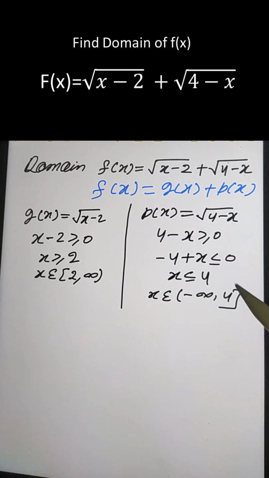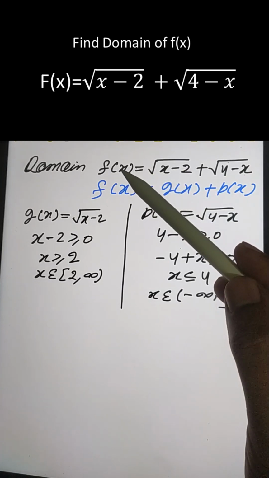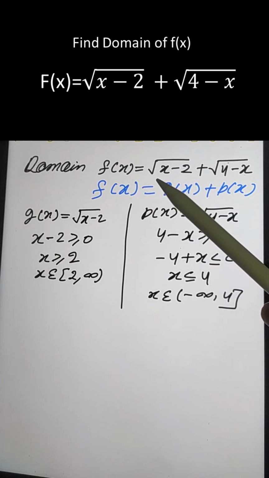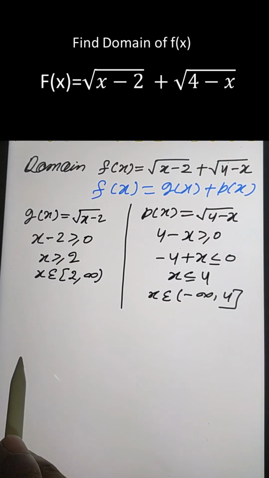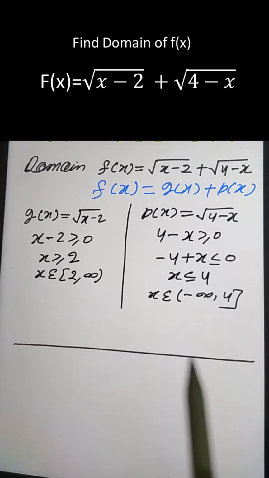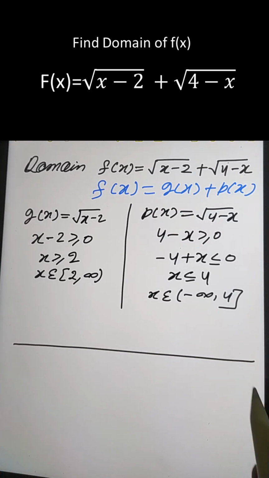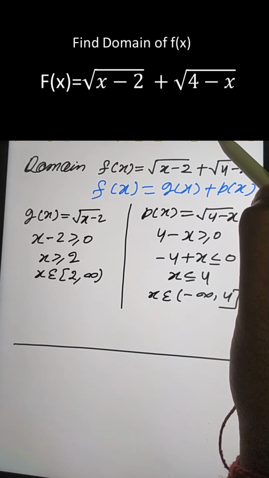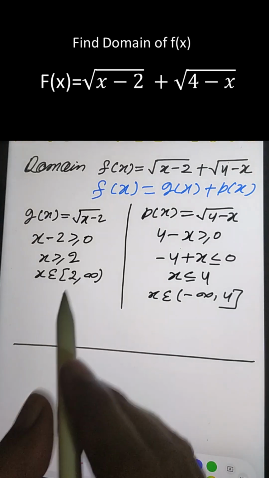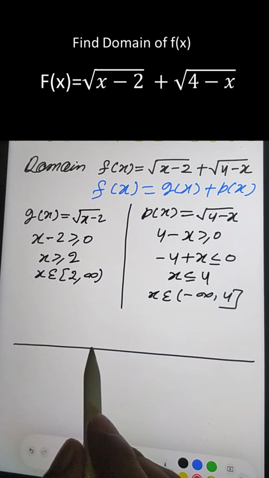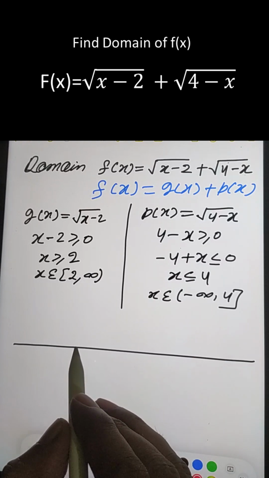Okay, but according to the question, what is the domain of the whole function? We are using the number line method. Draw it like that. After drawing, 2 to infinity means the point is 2.